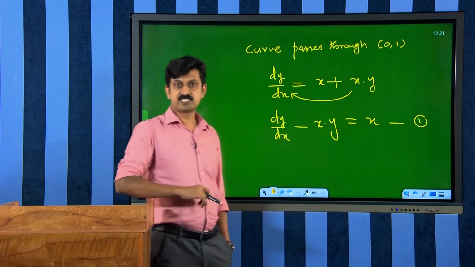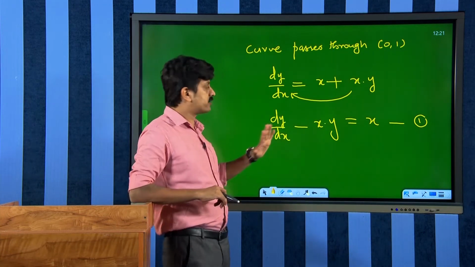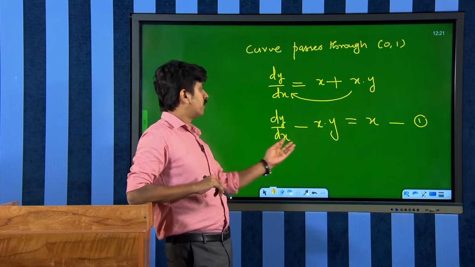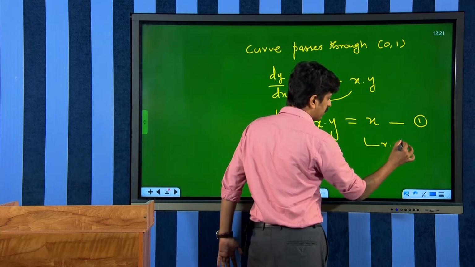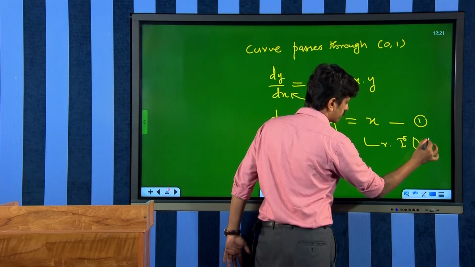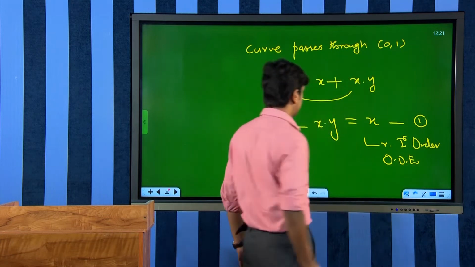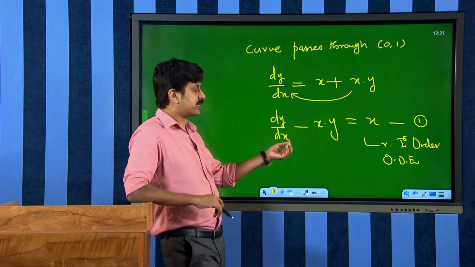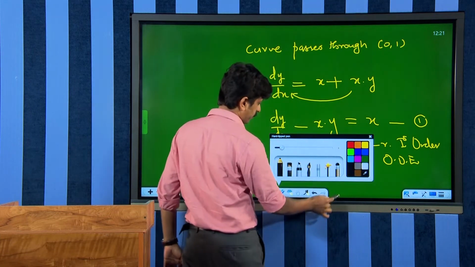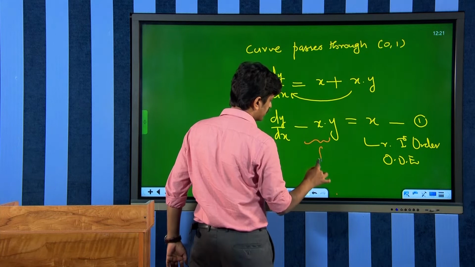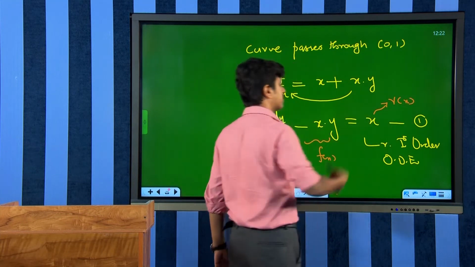While evaluating this problem, you will see that equation 1 is a linear first order ODE, ordinary differential equation. Dy by dx is there, instead of f of x the value minus x is there, instead of r of x the function x is there.